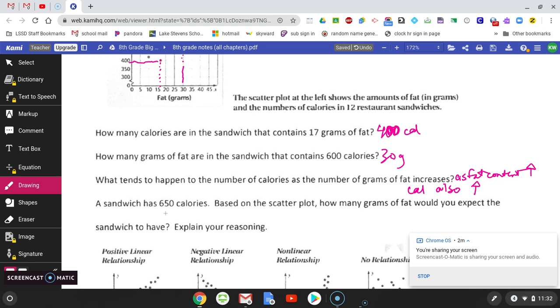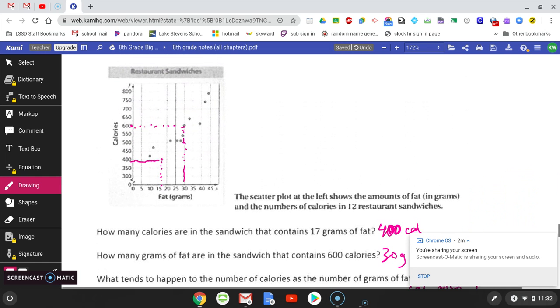Okay, a sandwich has 650 calories. Based on the scatter plot, how many grams of fat would you expect the sandwich to have? So 650 is right here. I'm going to trace it over, and you can see that I don't have a point that lines up directly, but I can see it's probably going to be somewhere right around here. And how do I know that? Well, I can see the general trend.